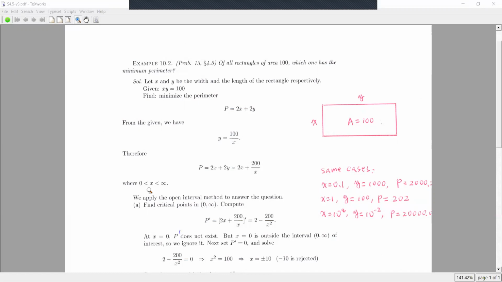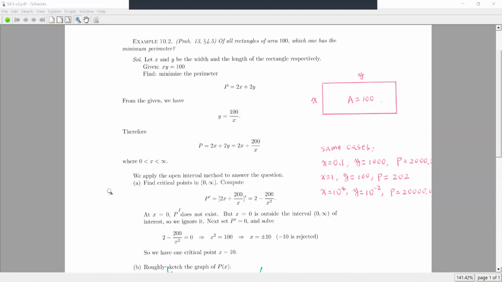Now the question is, between 0 and infinity, which value for x makes P the smallest? Because the interval is an open interval, we apply the open interval method to answer the question.